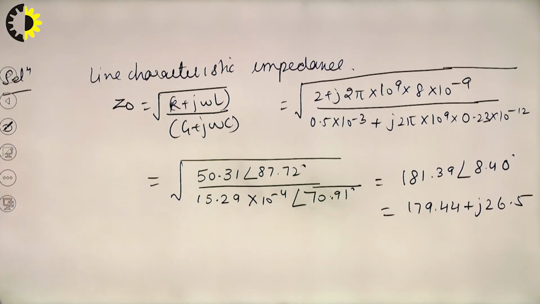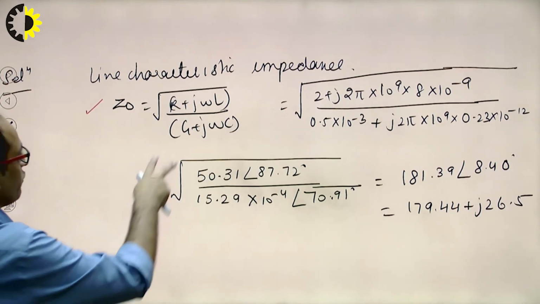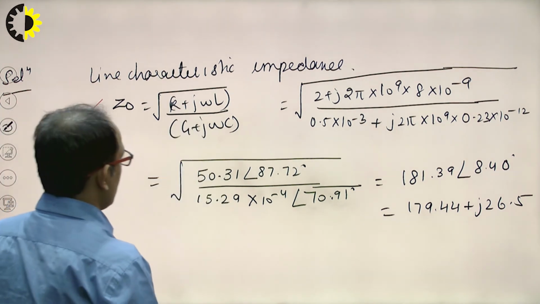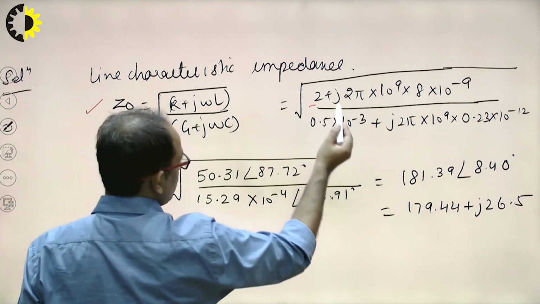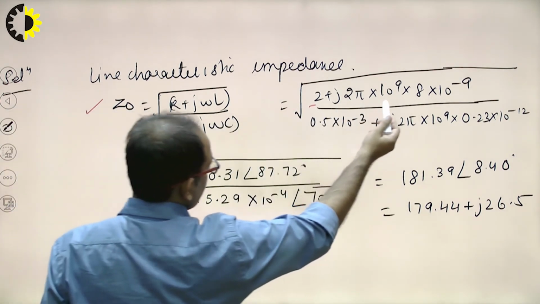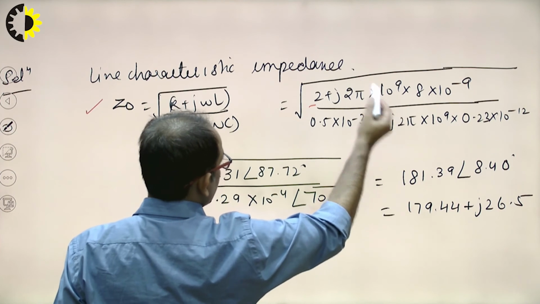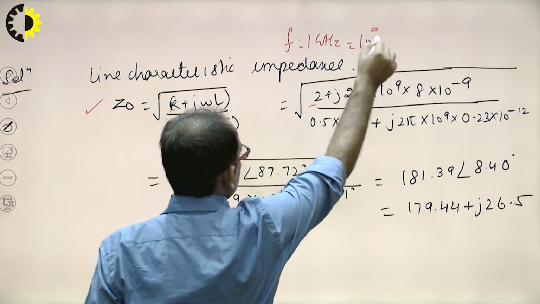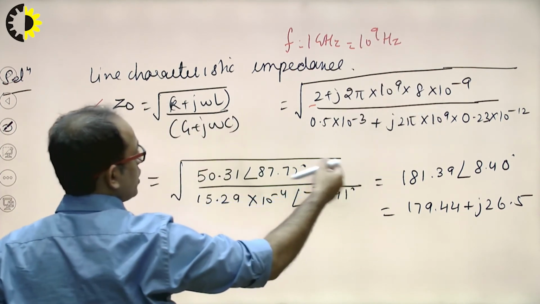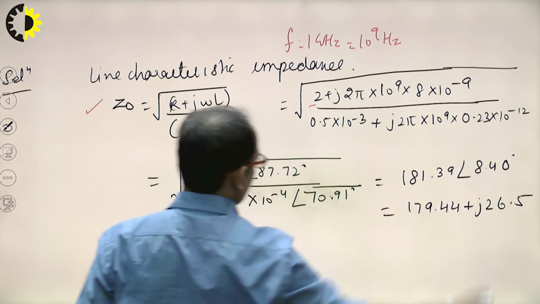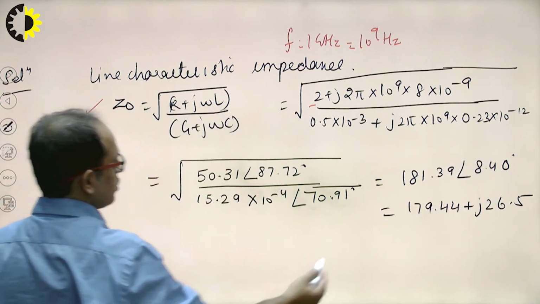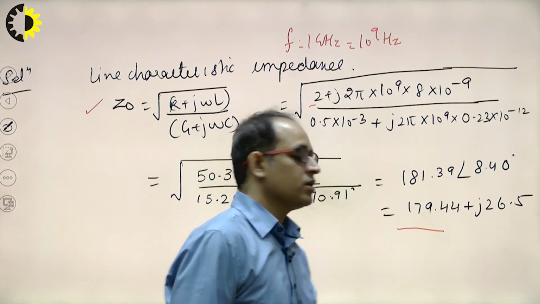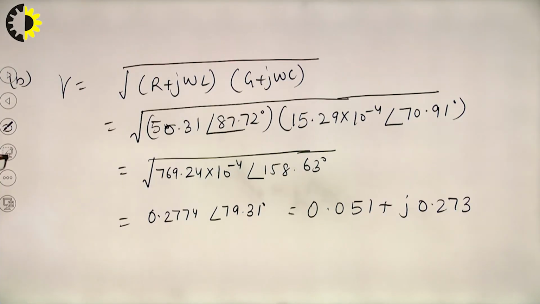Clear? Now as we know that Z0 equals root of (R plus j omega L) upon (G plus j omega C). Put the value of R here, 2 ohm plus j into 2 pi f. F is 1 gigahertz, that is equal to 10 to the power 9 hertz. Just put this value here and you will get Z0 equal to 179.44 plus j into 226.5 ohm.